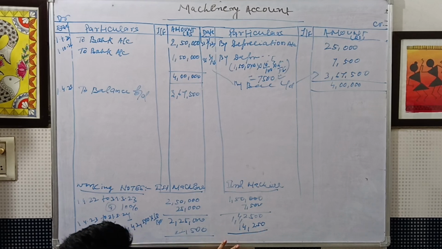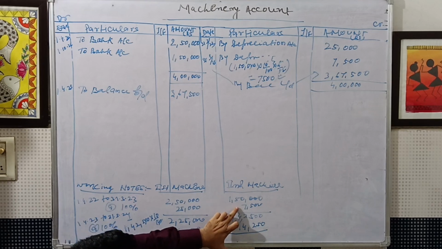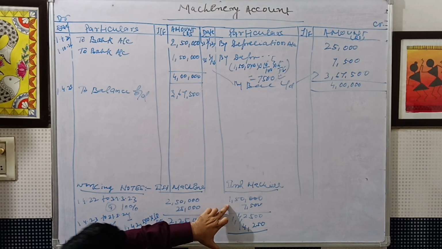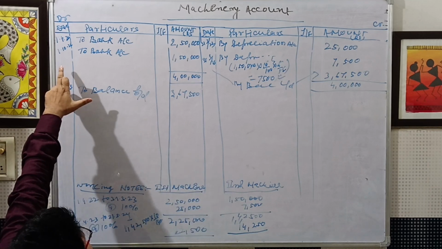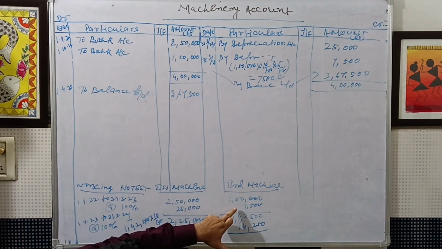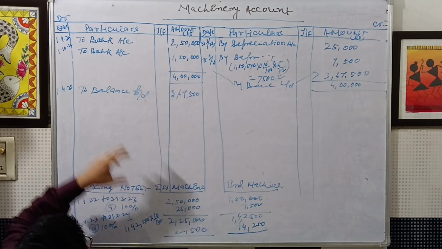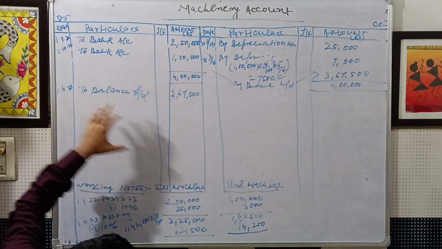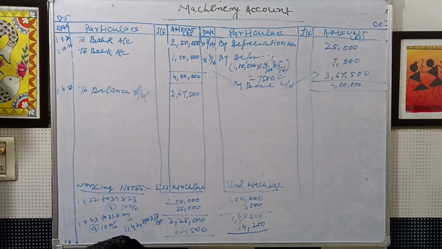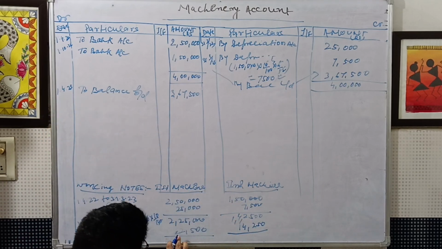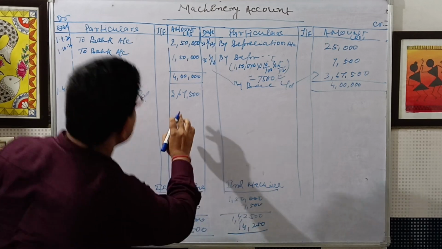Why? The reason behind it is that you used this machine only 6 months last year, because this machine was purchased on 1st October 2022. But in this year we have used the whole year, from 1st April 23 to 31st March 2024. So the depreciation charged is 22,500.